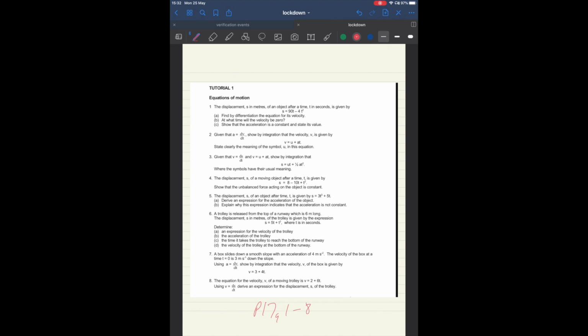I want you to try these derivations and make sure you can follow them. It's in the first video. They're all on YouTube actually. I'm now going to link this to the YouTube physics channel, called Physics with Claire, and I'm going to put all the advanced higher videos up there.